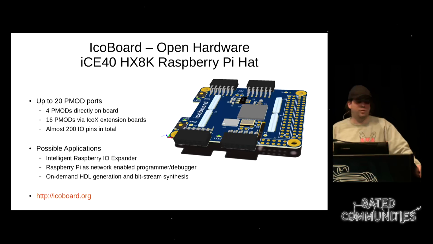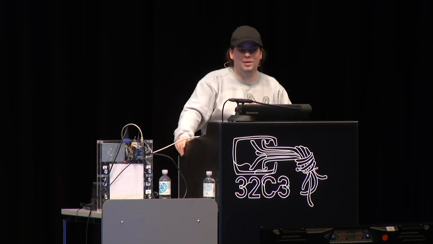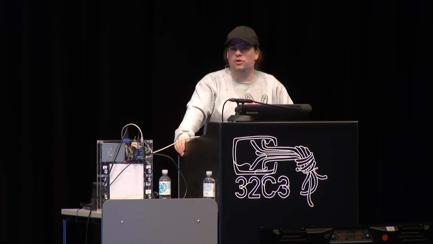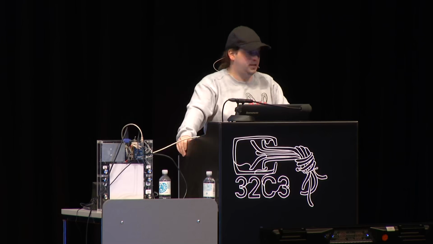And one idea that I like very much is you can actually create HDL code on the fly on the Raspberry Pi and synthesize it on the Raspberry Pi and program it into the FPGA without going to any external workstation that does the synthesis and bitstream generation step for you.